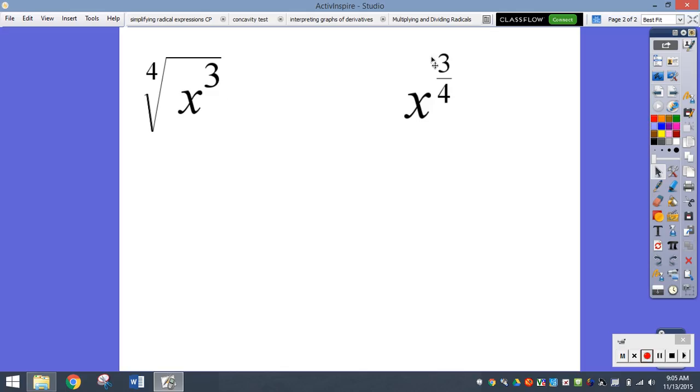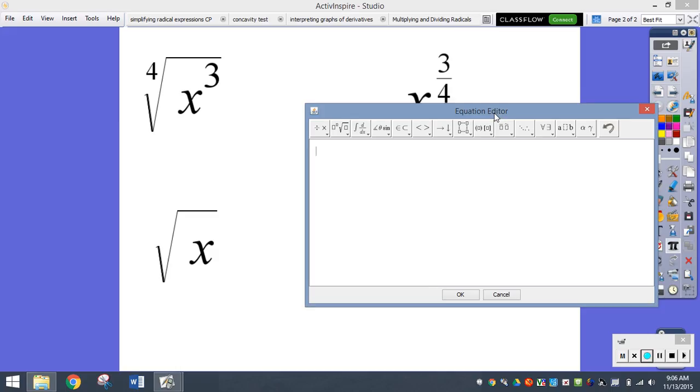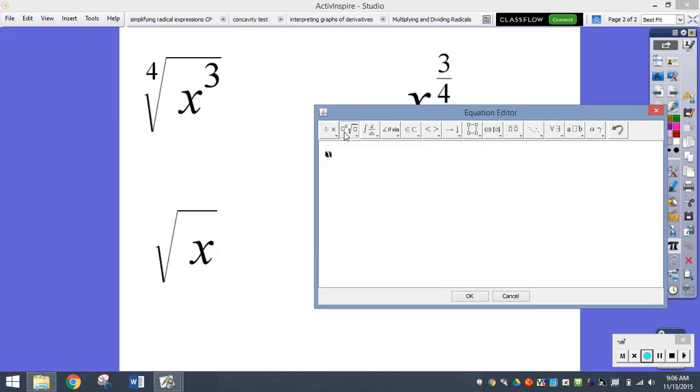A couple of things to keep in mind with radicals. If I just have the square root of x, I have to remember that that is a root of 2. And if there's no exponent here, I have to remember that's the exponent of 1. So the square root of x in exponential form would be x to the, denominator root, numerator exponent.